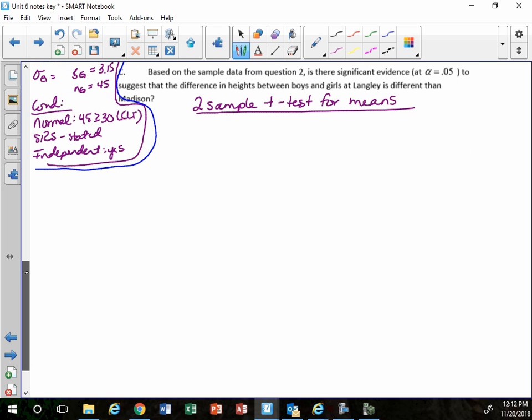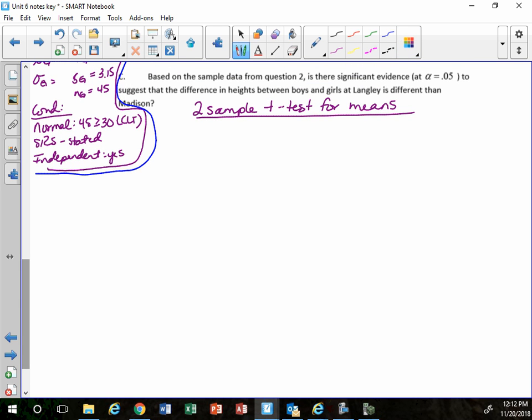So since it's a hypothesis test, what do you think I need to write? Like a null and an alternative? Yes? Okay. All right, so the null that I'm thinking about here is saying we're testing if the difference at Langley is different than it was at Madison.